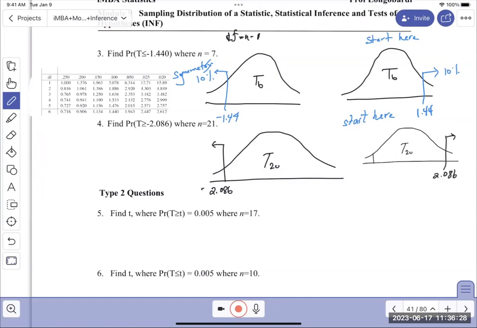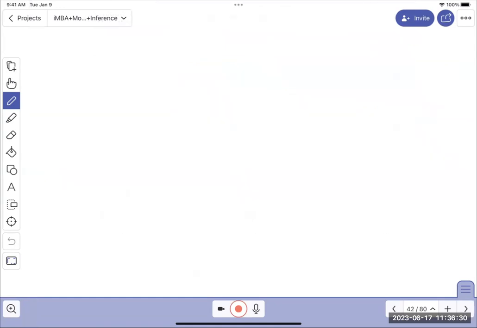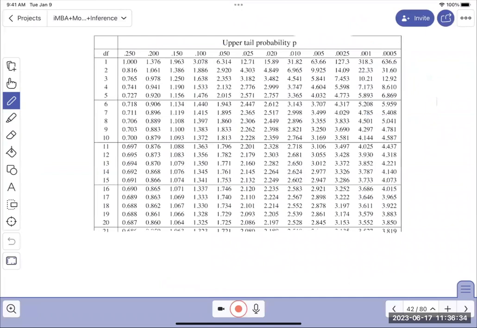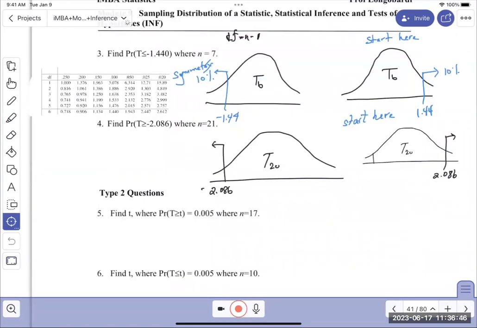So 2.086, let's look at the table for T20. 2.086. Oh, well, it's miraculously there, right? So 2.086 is there, and it corresponds to 2.5% in the upper tail. So that's 2.5%.